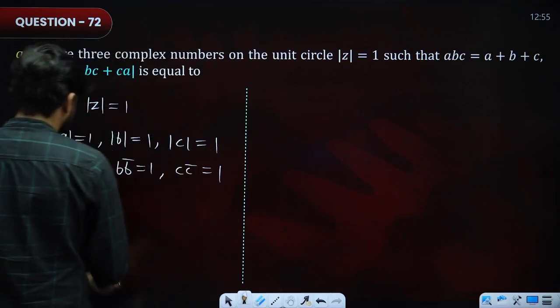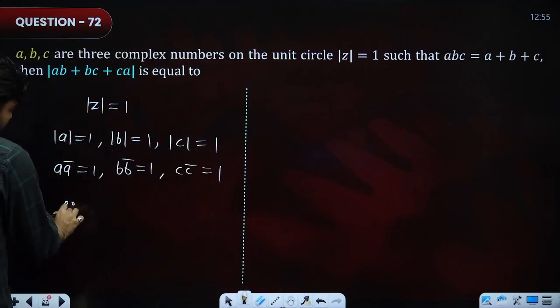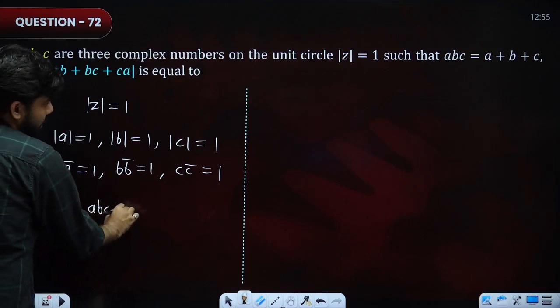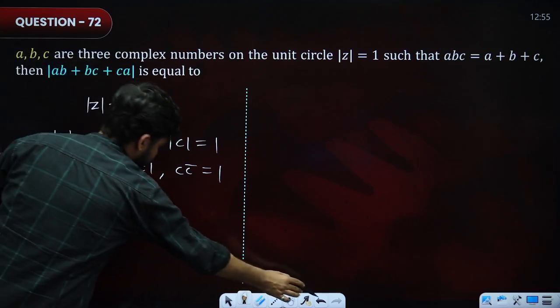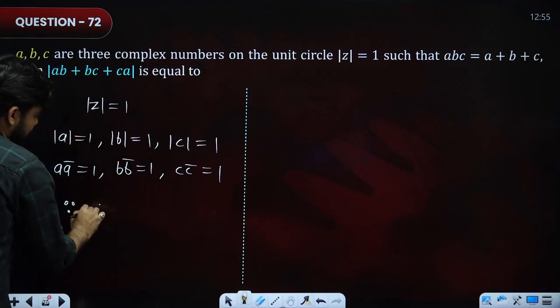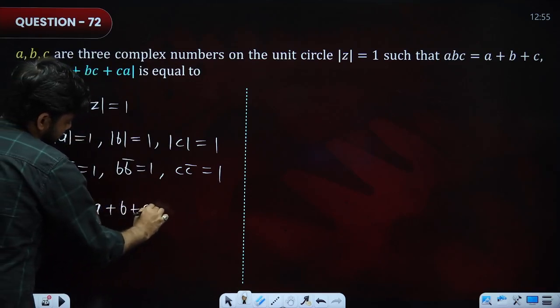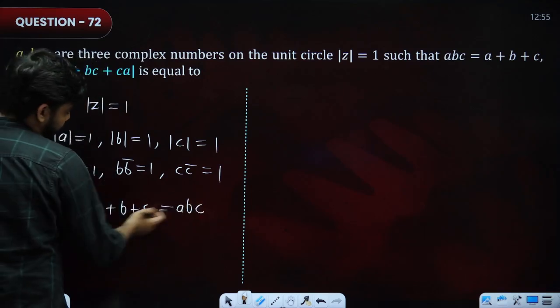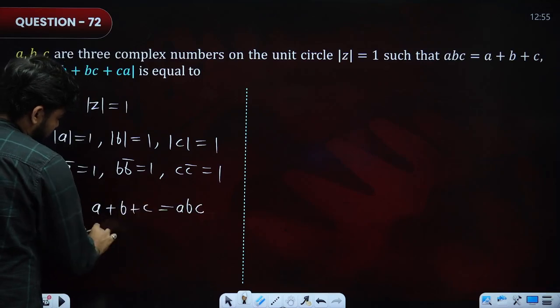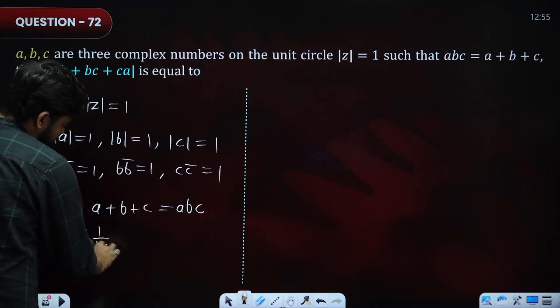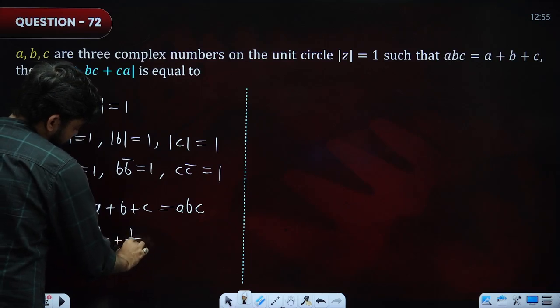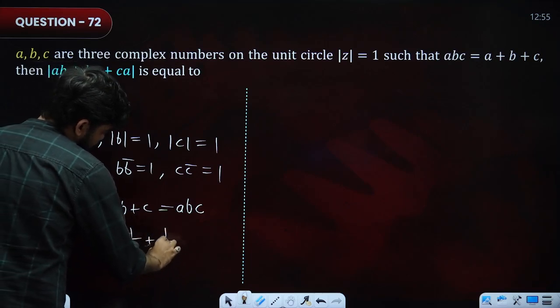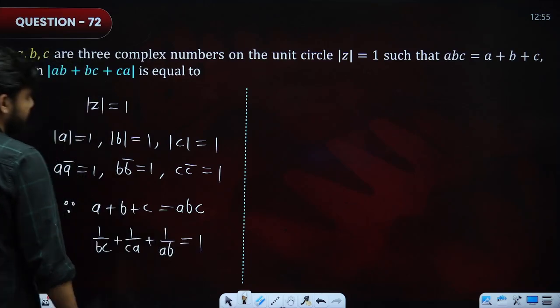We know that because ABC is equal to A plus B plus C, so write it A plus B plus C is equal to ABC over here. If I divide by ABC on both sides, so 1 upon BC plus 1 upon CA plus 1 upon AB is equal to 1.